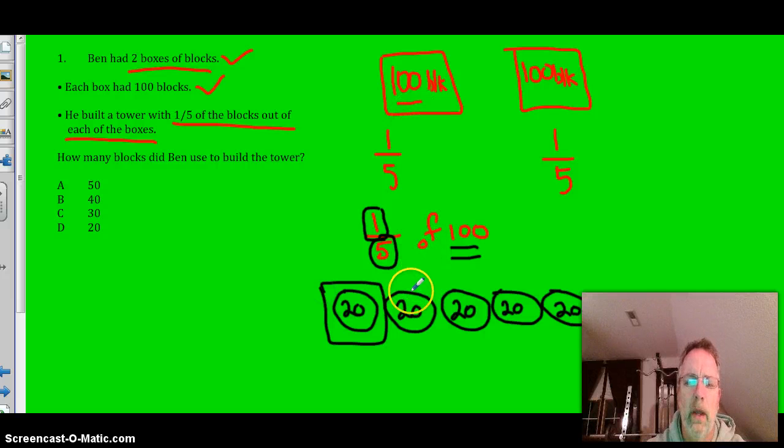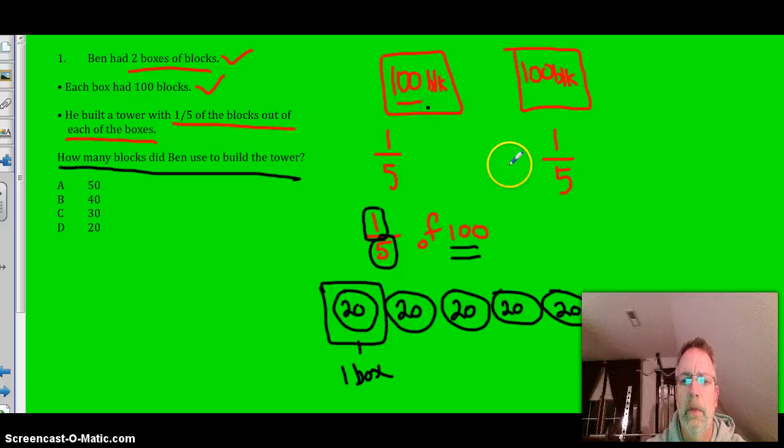So this is for 1 box, but we must go back and underline our question to make sure we answer it. It says how many blocks did Ben use to build the tower? Well, he built the tower with 1/5 of the blocks out of each of the boxes, not just 1 box. So the 20 was the amount out of this box.